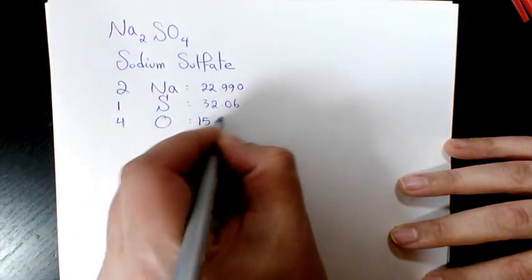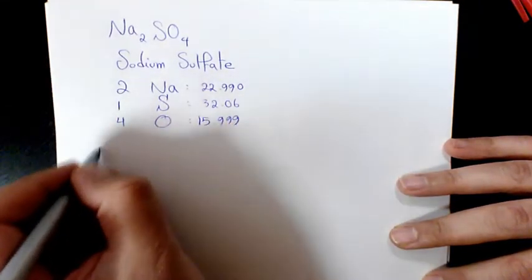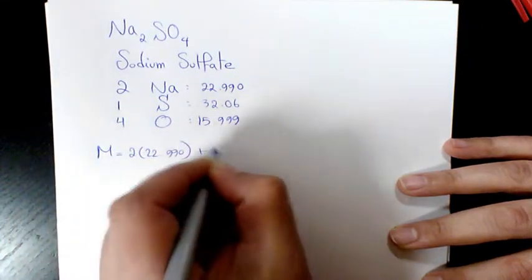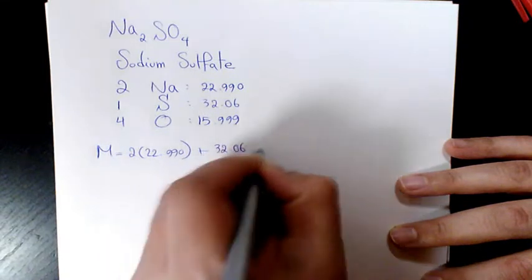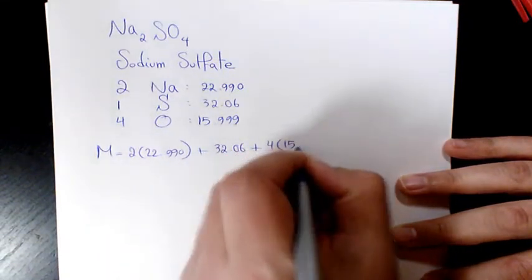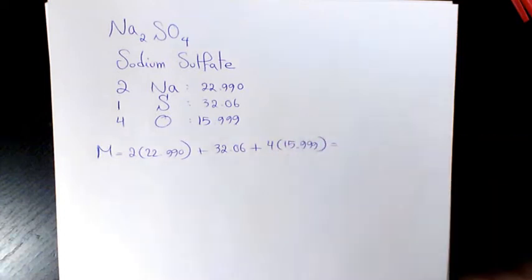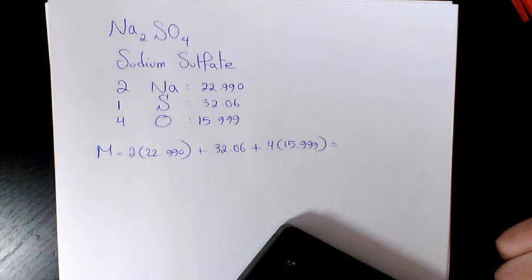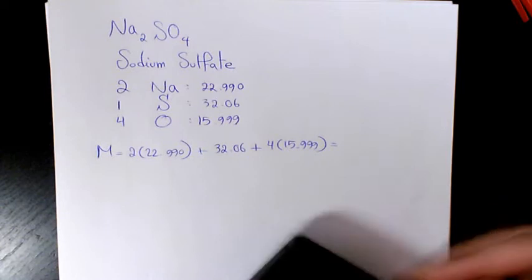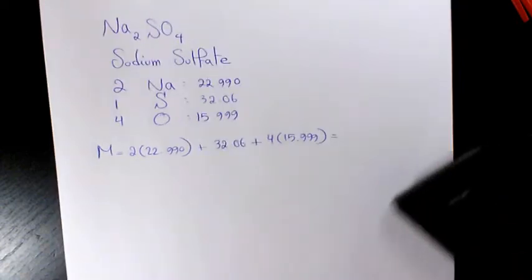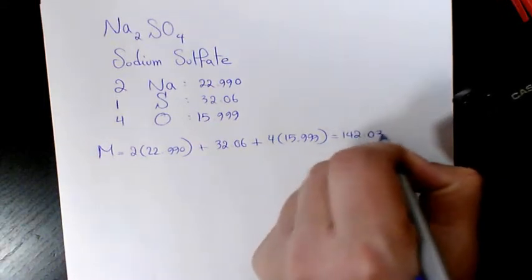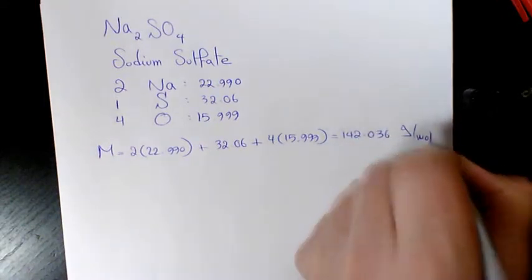Oxygen is 15.999. So M will be 2 times 22.990 plus 32.06 plus 4 times 15.999. That's gonna be 142.036 grams per mole.